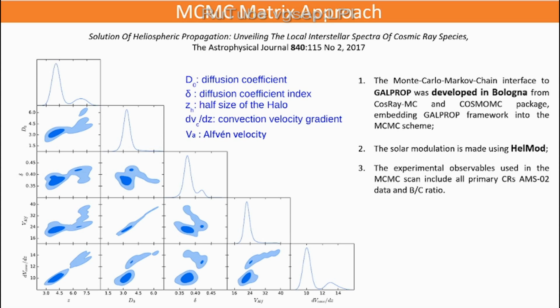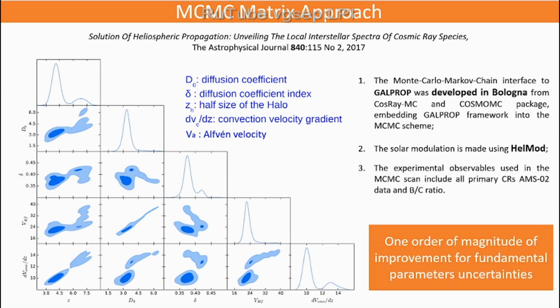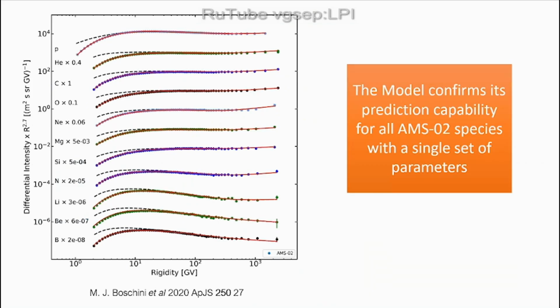You see here the MCMC matrix, which shows the main five propagation parameters: the diffusion one, the halo thickness, the convection gradient, and the Alfvén velocity. And this approach guarantees one order of magnitude of improvement for fundamental parameters with respect to the pre-AMS-02 era.